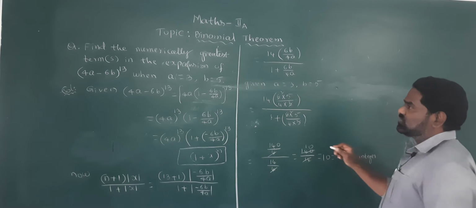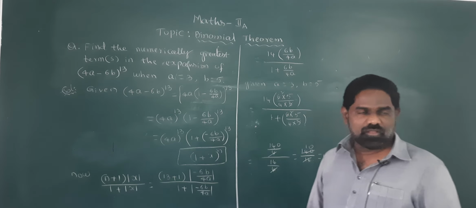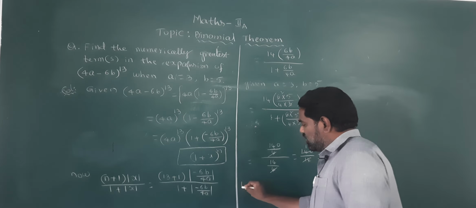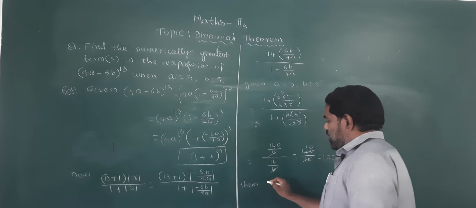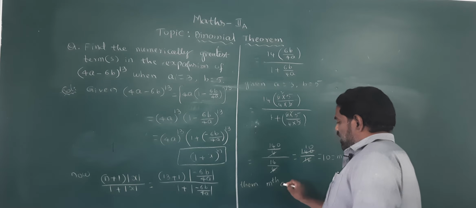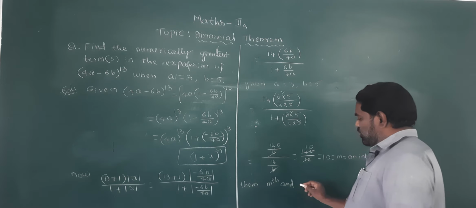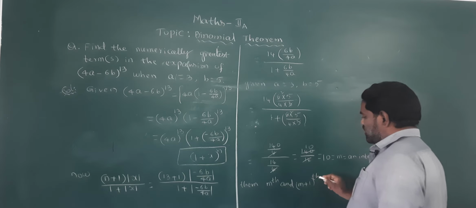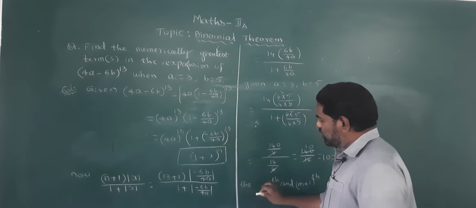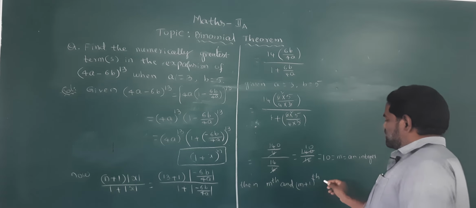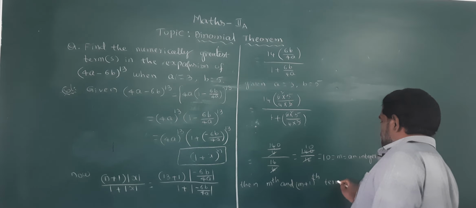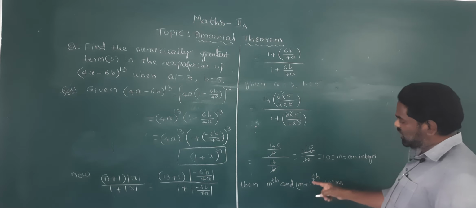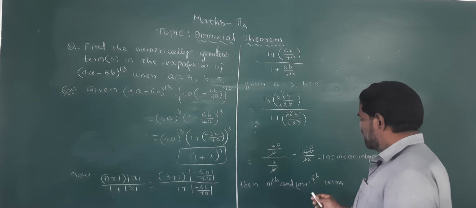So this given expansion has two numerically greatest terms, which are the mth and (m + 1)th terms. Here m equals 10, so 10 and 10 plus 1.